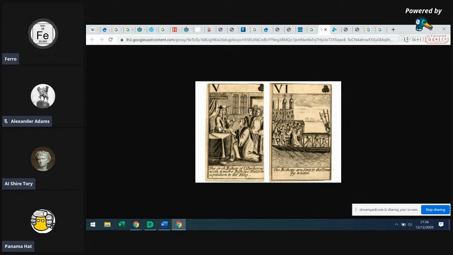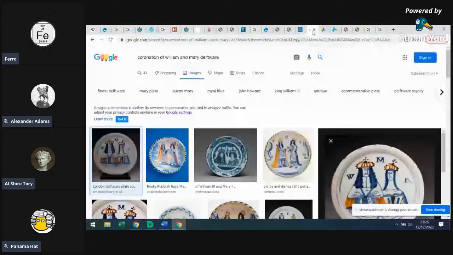But also, this is a very low form of art that a commoner would have used, playing cards in a pub, and that's how they would have interpreted the story, through these small little bits of art, poorly rendered, but they're there to have a specific purpose. Now, I don't know if you guys are familiar with this, but during the coronation, William of Orange, as the head of the Dutch, was big into Delftware, the blue and white ceramic ware that was very popular at this time.